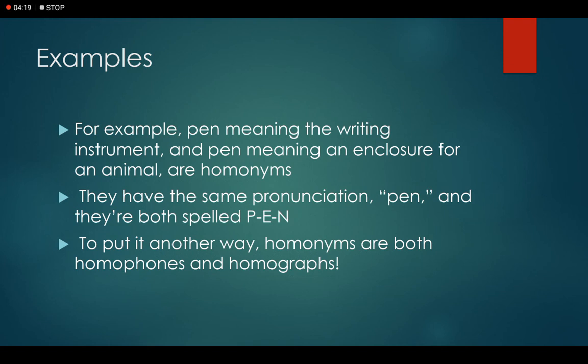We write with a pen. And pen can also mean an enclosure for an animal. So both the pen with which we write and the pen that is a house for an animal are homonyms. They have the same pronunciation and the same spelling. To put it another way, we can say homonyms are both homophones and homographs.